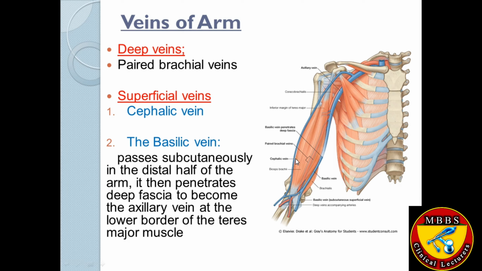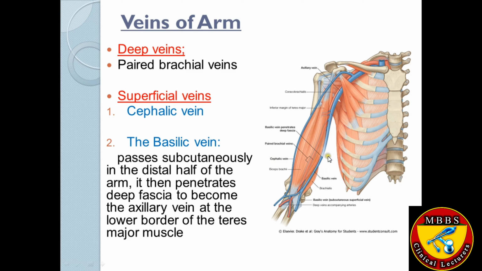But till now, you should understand this point, that cephalic vein is running on the lateral side, and you can see it runs upward and it drains its blood into the axillary vein. The basilic vein is running on the medial side. We said they are superficial veins. It means they are present in the superficial fascia.